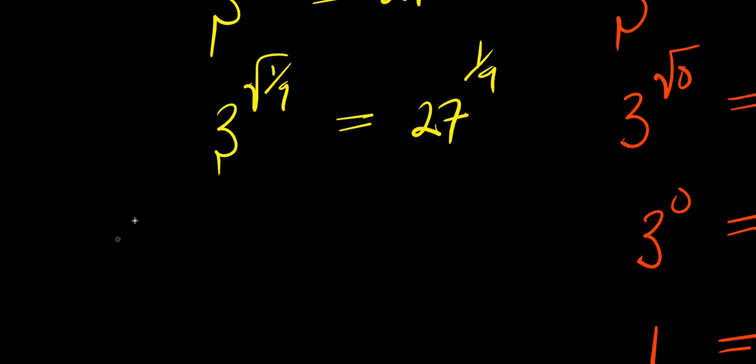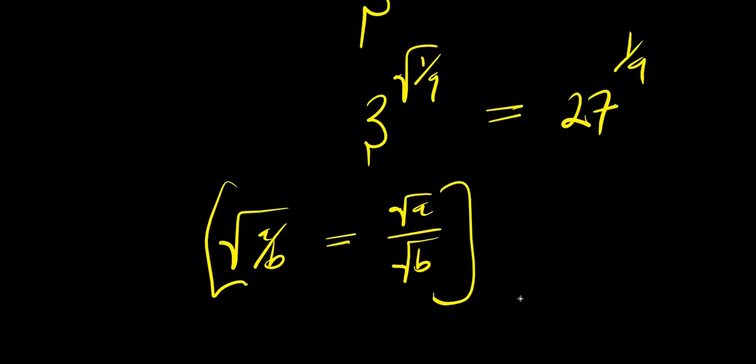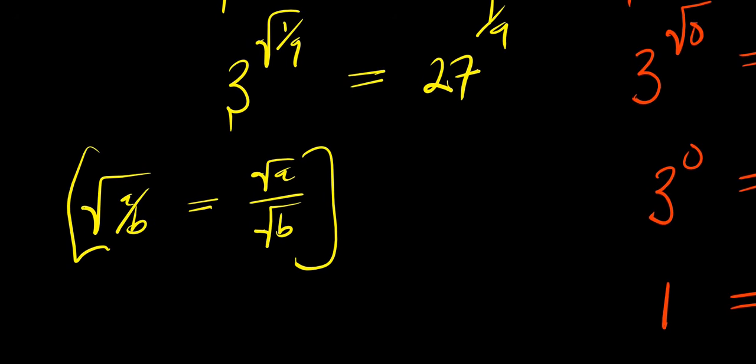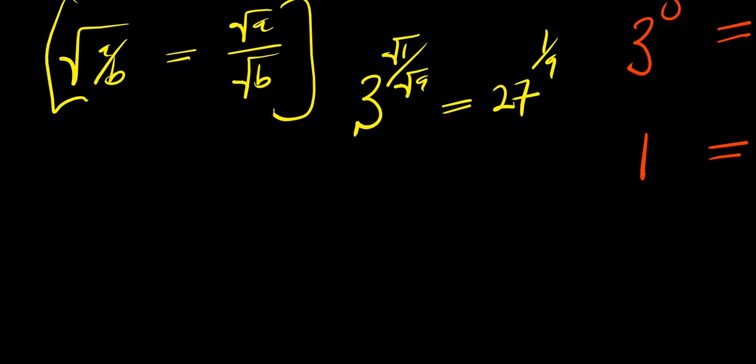Now, if you have square root of a over b equals square root of a divided by square root of b, so that means I will simply have 3 power square root of 1 divided by square root of 9 equals 27 power 1 over 9. So from here, I have 3 power square root of 1 is 1, divided by square root of 9 is 3, equals 27 power 1 over 9.